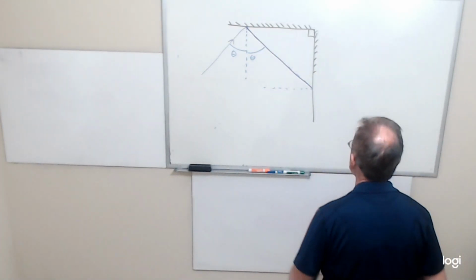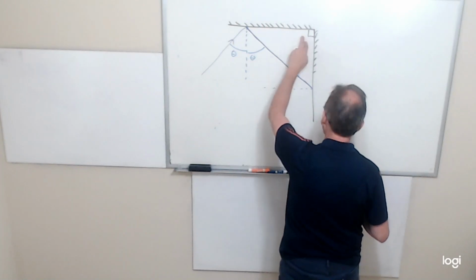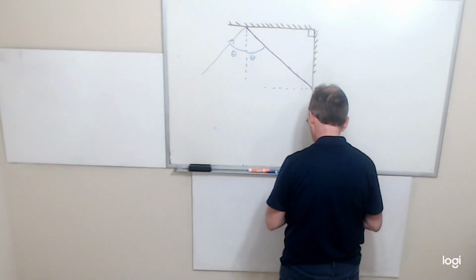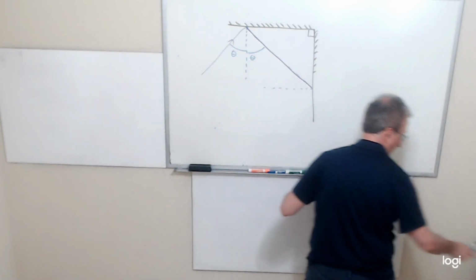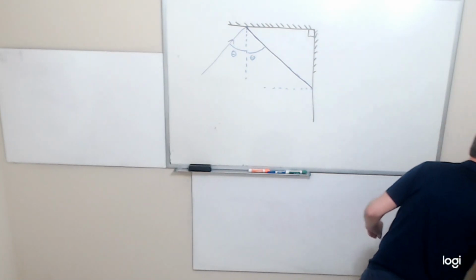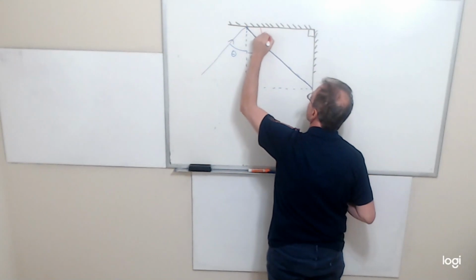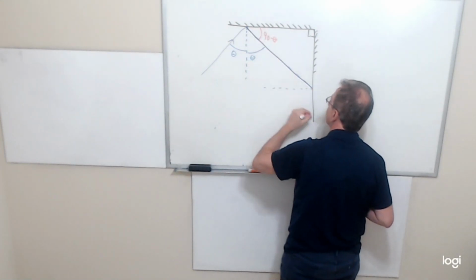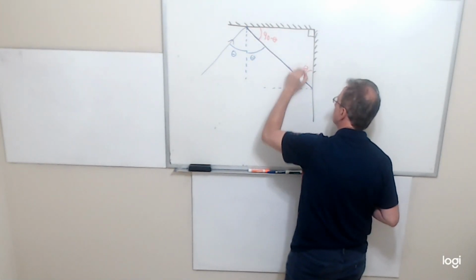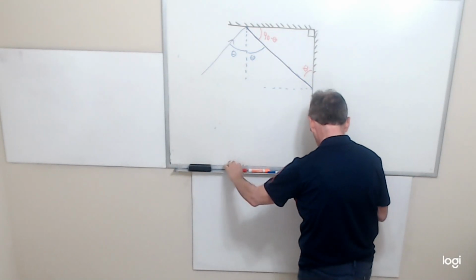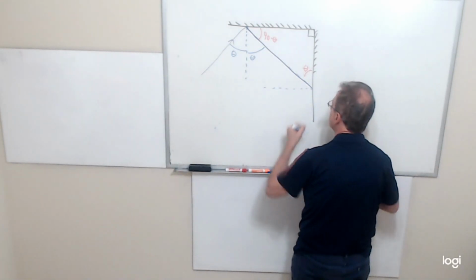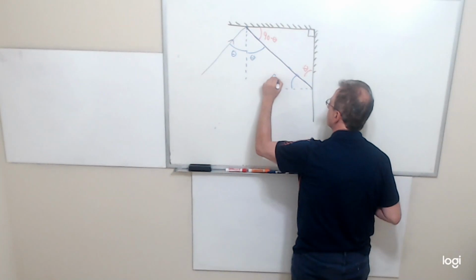If this is theta, that's a right angle. Let me grab a marker. This angle up here is 90 minus theta. This angle's theta. And so the angle in here is 90 minus theta.